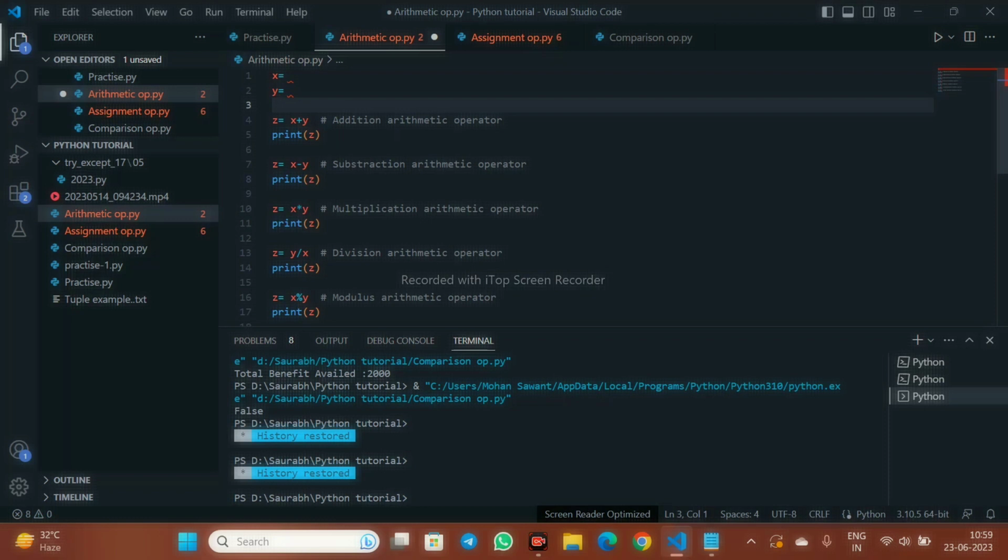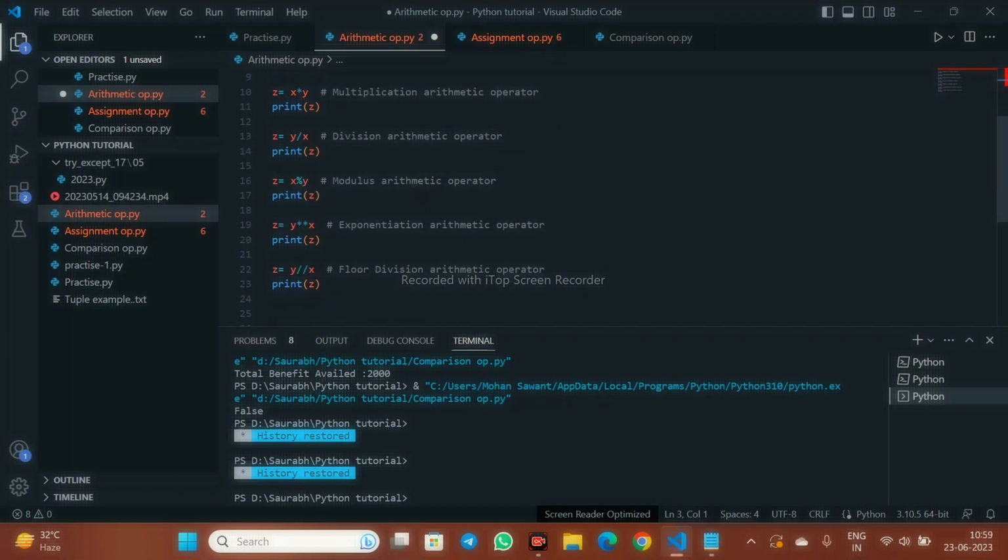So what is the modulus operator? Modulus operator is an inbuilt operator that returns the remaining number by dividing the first number by the second, and gives the remainder as output. The symbol is percentage here for modulus, as you see here. So hence it is also called the remainder operator.